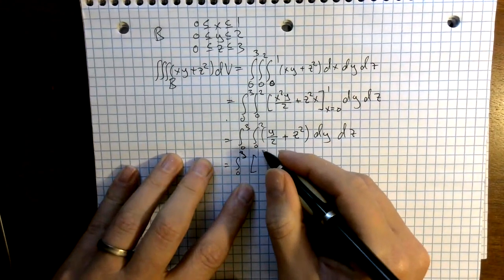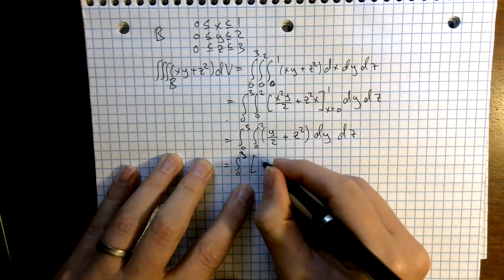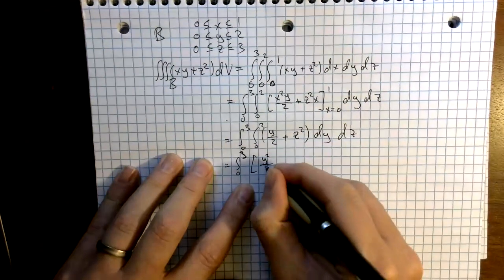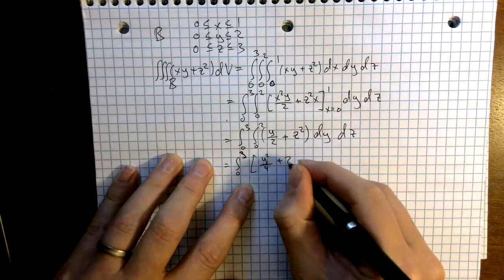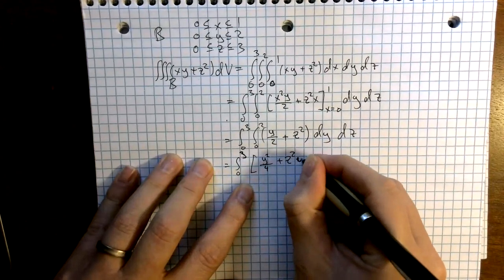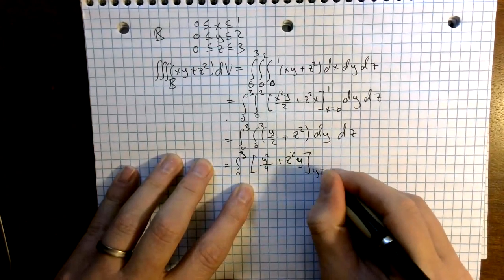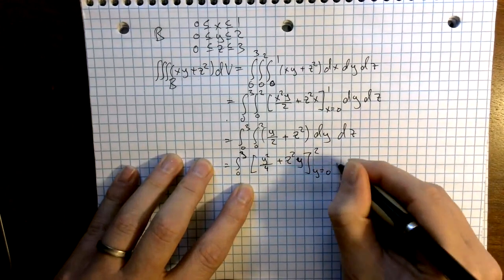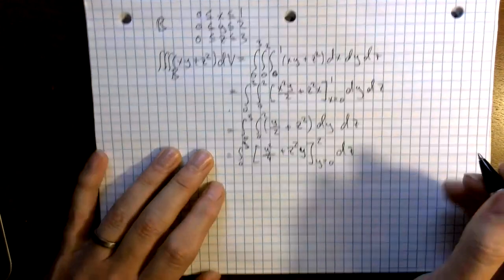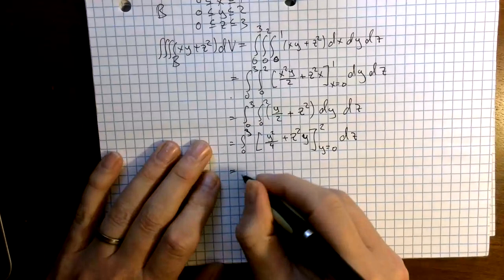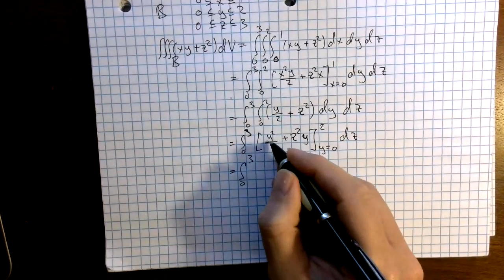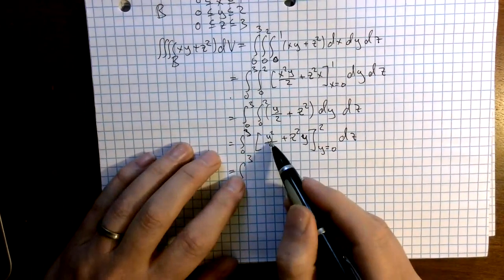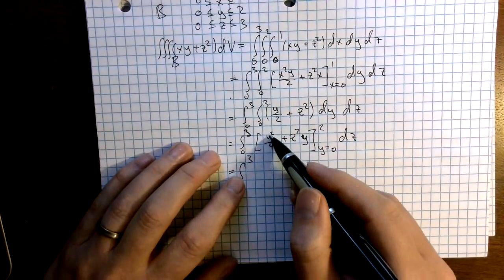So antiderivative with respect to y, right? So it's y squared over 4 plus z squared y, and we plug in 0 and 2 dz, right? So now I'm plugging in 2 over here. 2 squared is 4, right?